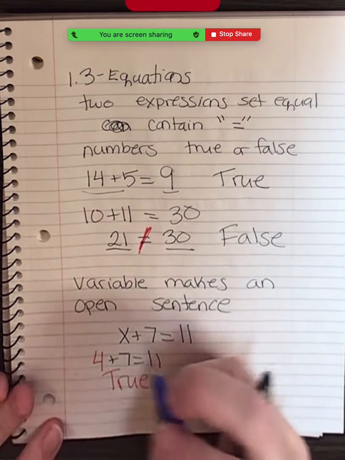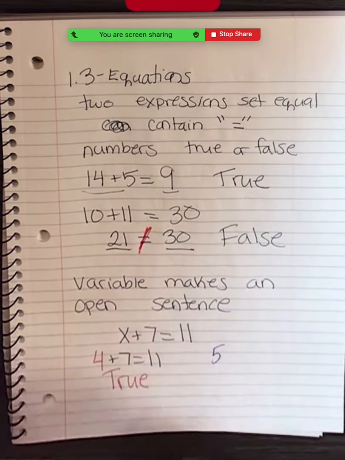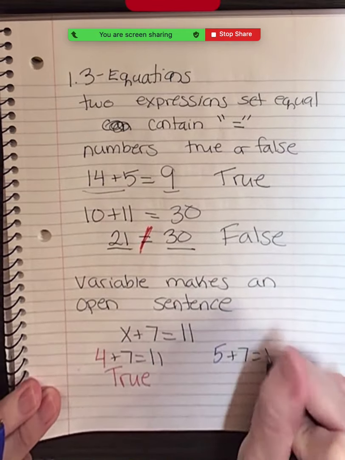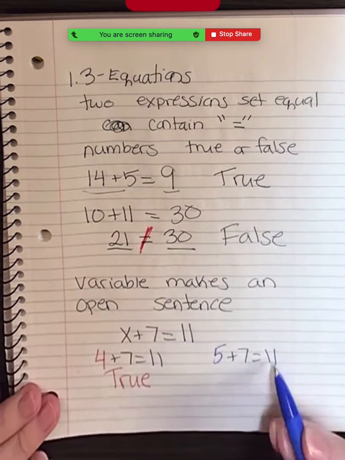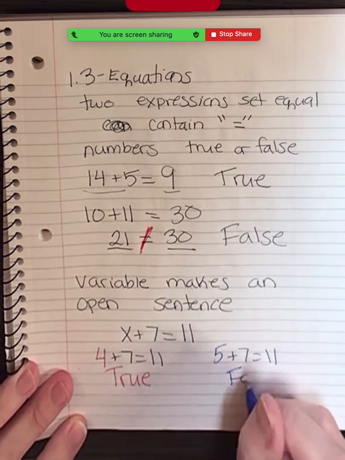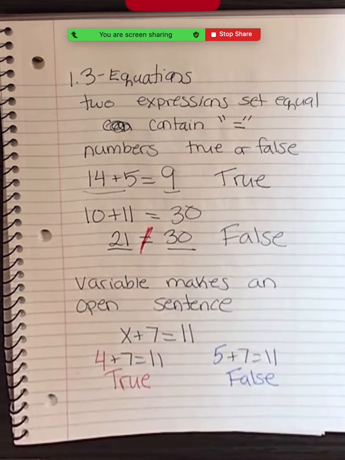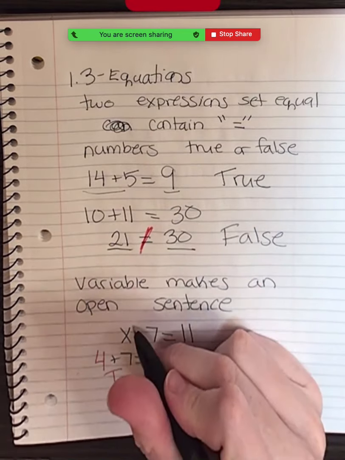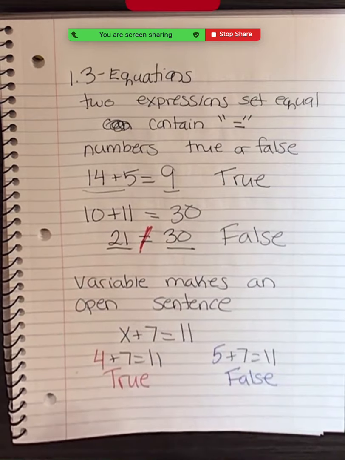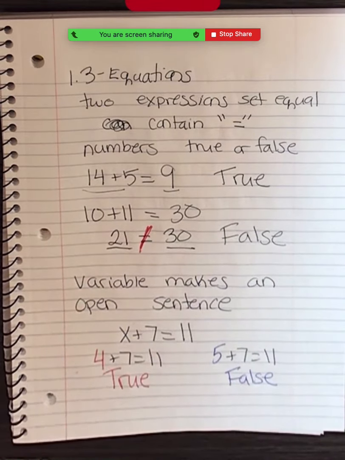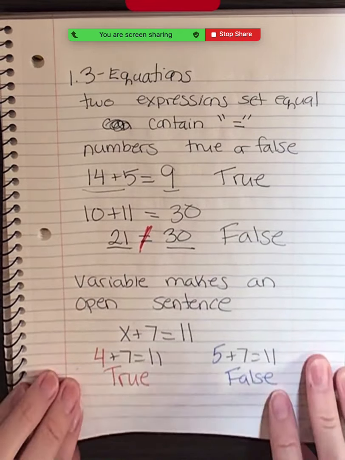But if I replace x with, say, 5, 5 plus 7 is not 11, so this one is false. It's an open sentence because what the variable equals decides if it's true or false. Those are equations.